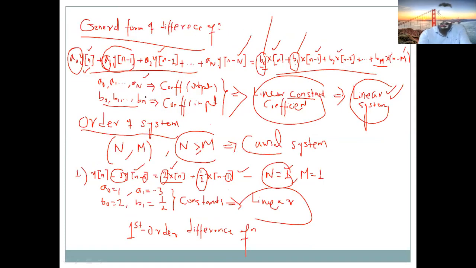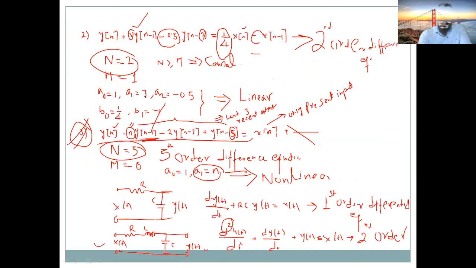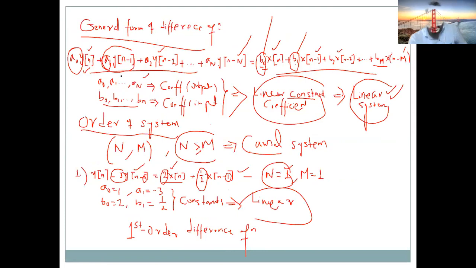Look here. In this example too, for example, A0 is 1, A1 is 3, coefficients. B0, B1 are given. These are A coefficients. In this general equation, you can see A0, A1 up to AN, coefficients on the output side, B0, B1 up to BN, coefficients on the input side.